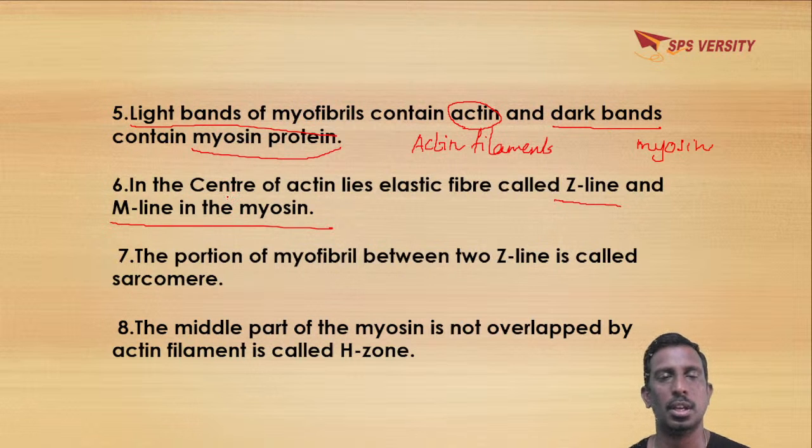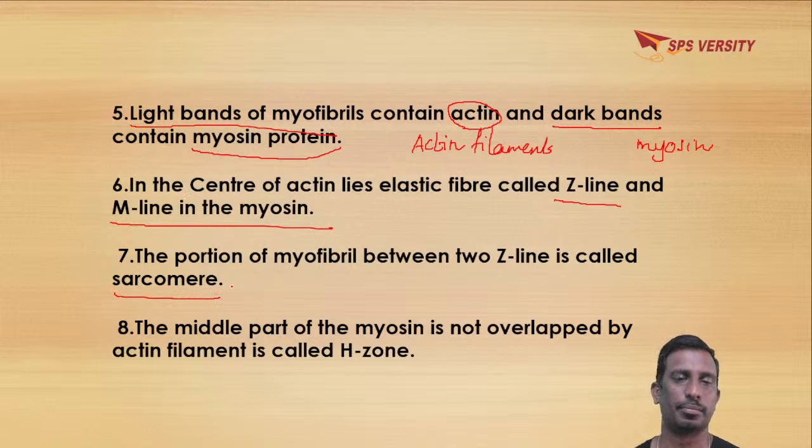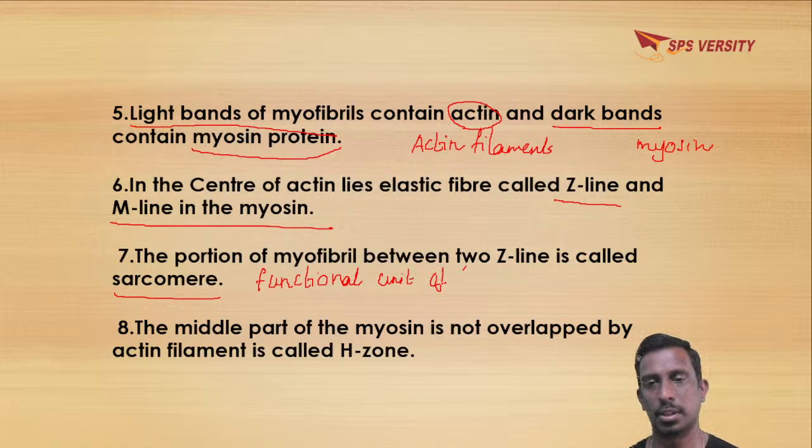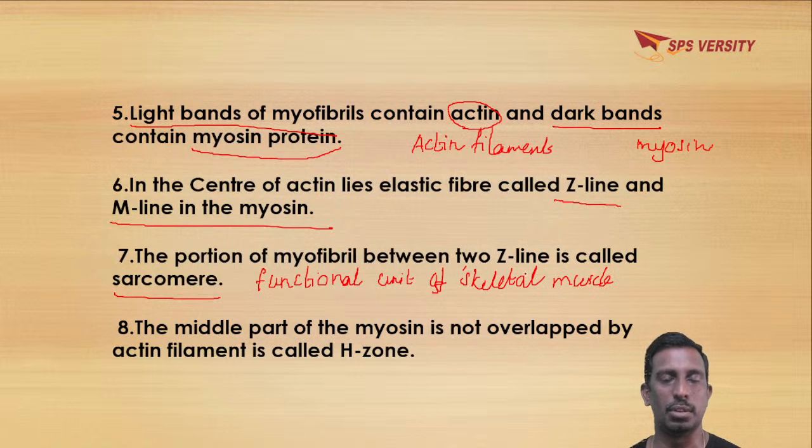The portion of the myofibril between two successive Z lines is called a sarcomere. So the sarcomere is the functional unit of skeletal muscle, which has actin filaments and myosin filaments.